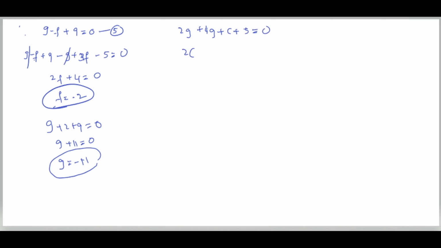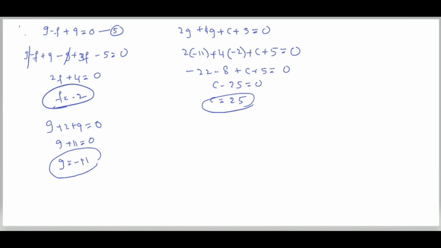So 2 into g value minus 11 plus 4 into f value minus 2 plus c plus 5 is equal to 0. So minus 22 minus 8 plus c plus 5 is equal to 0. Minus 22 minus 8 is minus 30, plus 5 is minus 25, that is c minus 25 is equal to 0. C is equal to 25.